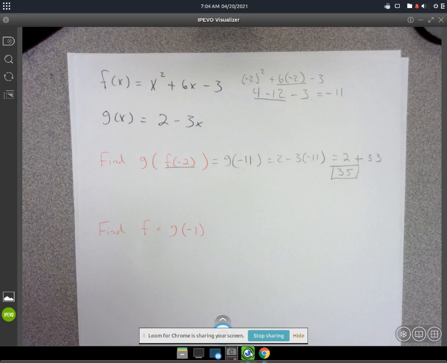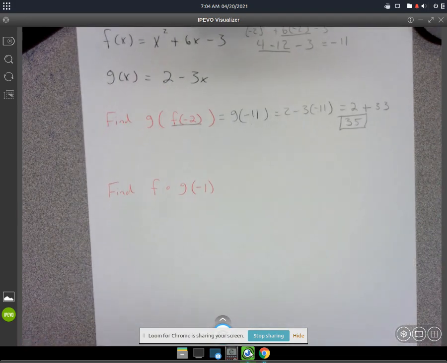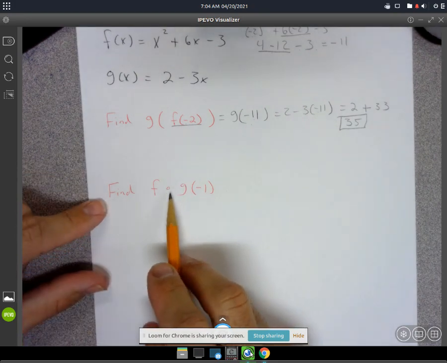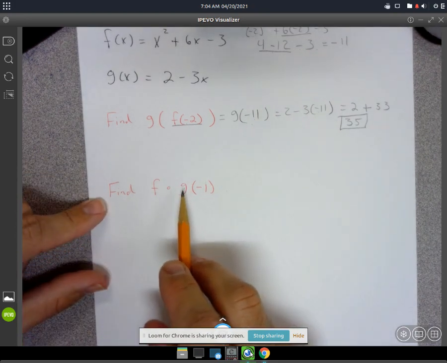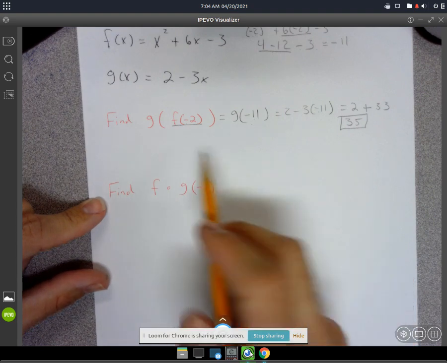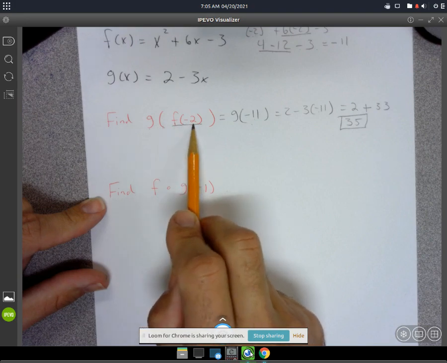Nice. All right, this third one here is just a different notation, but I want to mention it because a lot of times people will see it and be like, oh, it means something else or something weird. It means the same thing, like we're composing the two functions, but you read it differently. So here we said g of f of negative 2.